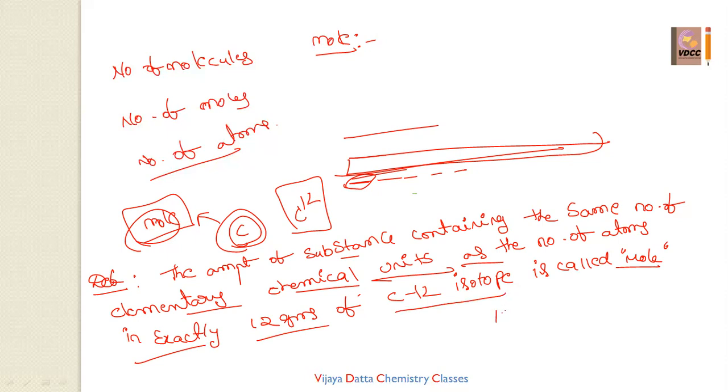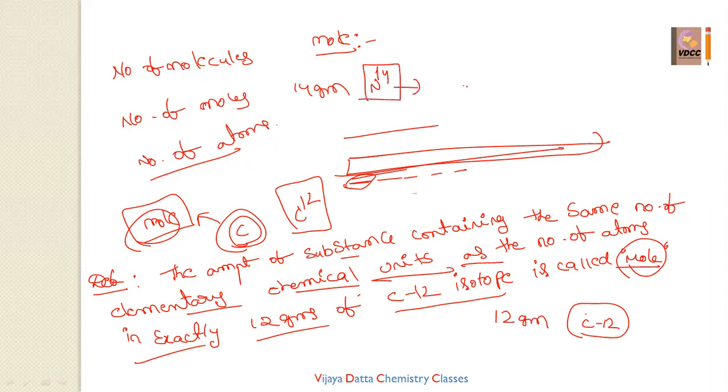Suppose I take 14 grams of nitrogen, N14, having how many atoms? That many atoms is nothing but a mole. Similarly, you can take 16 grams of oxygen isotope having how many atoms? That will be 1 mole. This is one of the definitions.